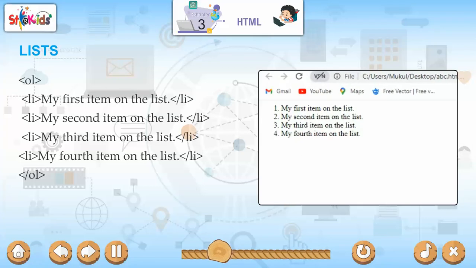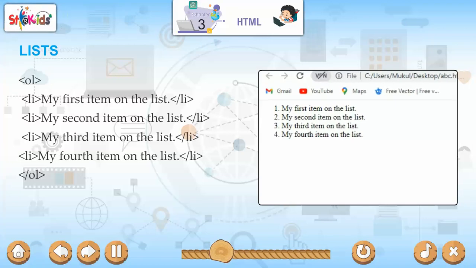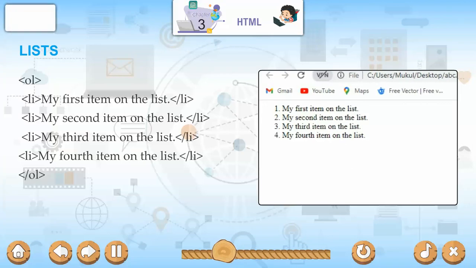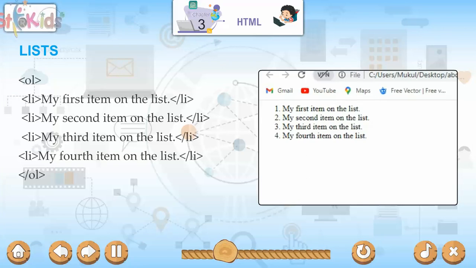My second item on the list, opening tag slash LI, closing tag, opening tag LI, closing tag. My third item on the list, opening tag slash LI, closing tag, opening tag LI, closing tag.